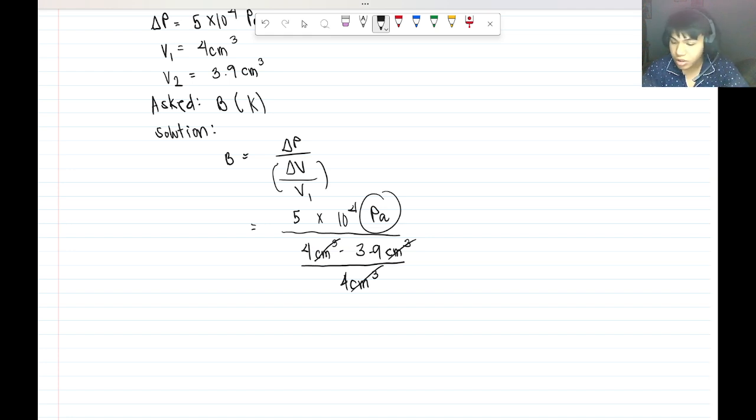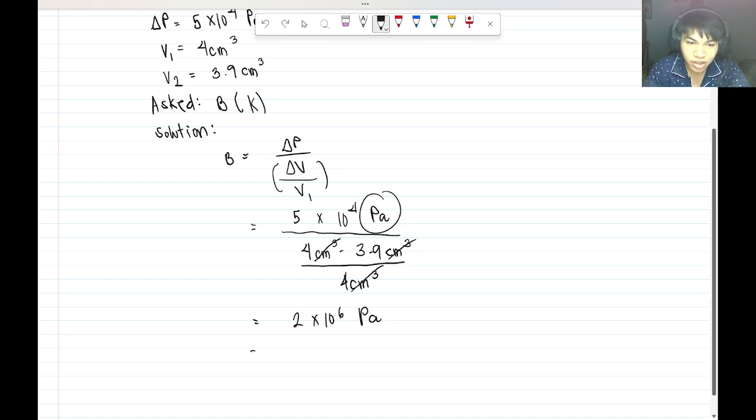So if you input that in your calculator, let's check. You'll end up with 2 million or 2 times 10 to the sixth power pascals. And if you want to make that simpler, you can do some unit analysis and convert it to megapascals.